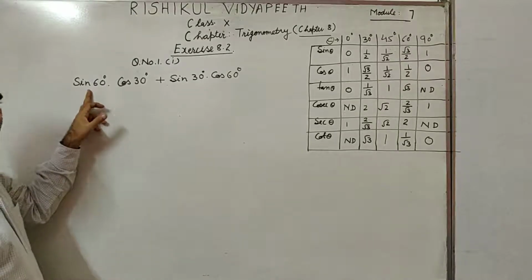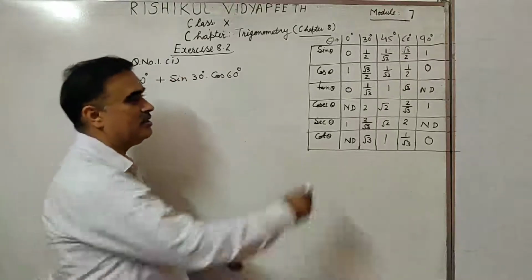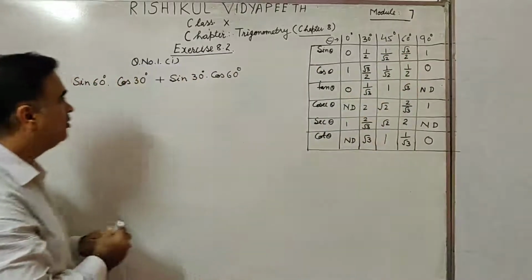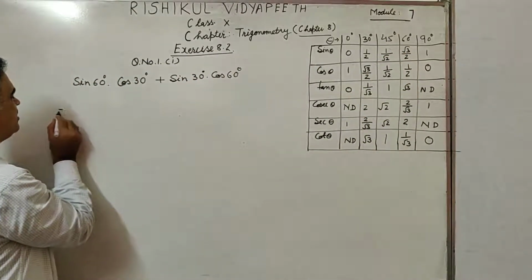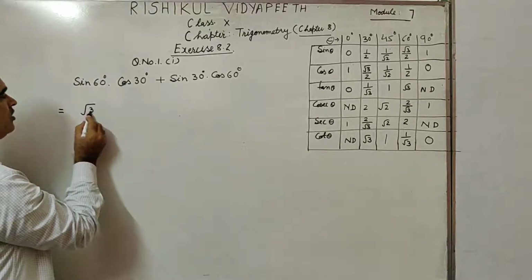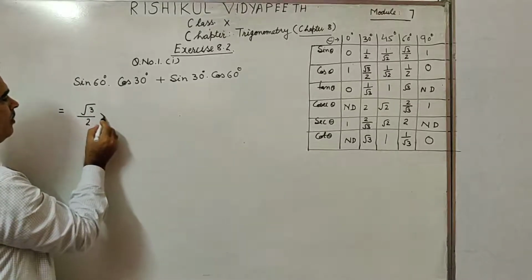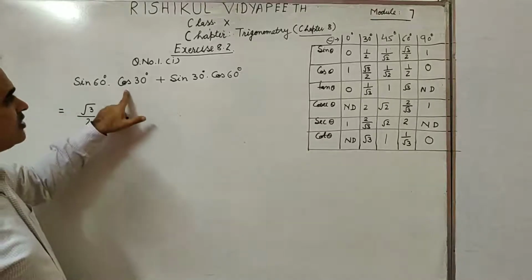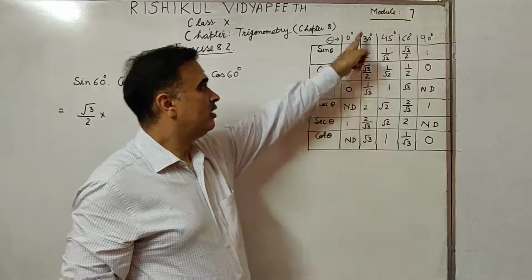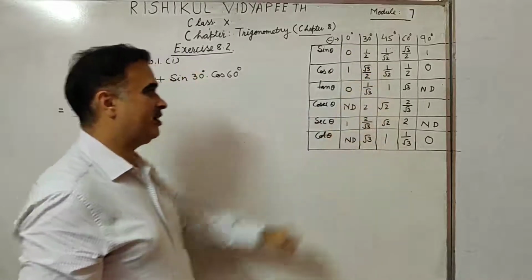Sine 60 is there. You go in the table and see, this is sine, and sine 60 is this. So you put the value in place of sine 60. See the table, it is root 3 by 2, into cos 30. What is cos 30? It is root 3 by 2.